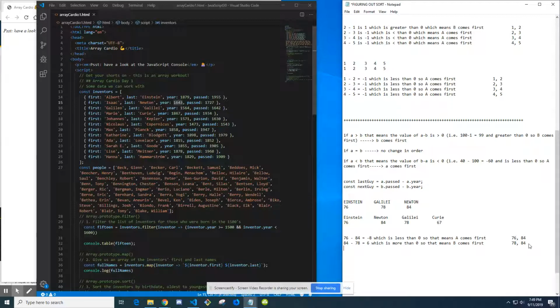So I think we only need one more line. We're going to compare A and B. So that's Newton and Curie. Newton was 84 minus 67 equals 17, I think. It's 14.